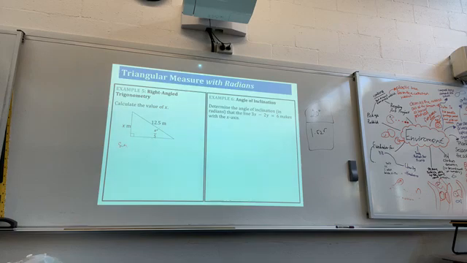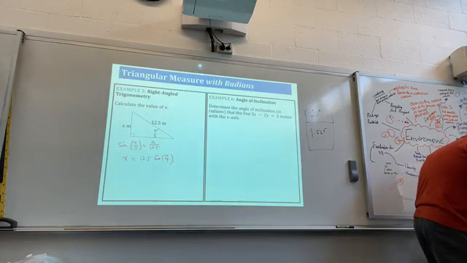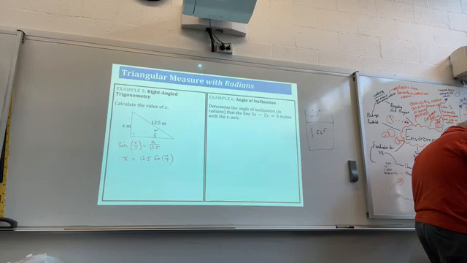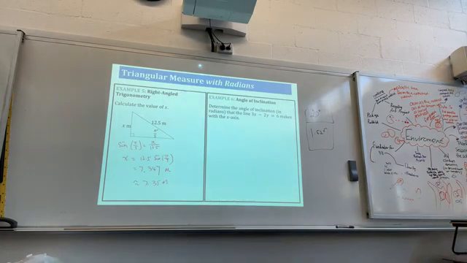So sine pi over 5 equals x over 12.5. So therefore x equals 12.5 times sine pi over 5. Now you can use your ClassPad and it should work out to be 7.347 meters, approximately 7.35 meters. So use your ClassPad in the radian mode.